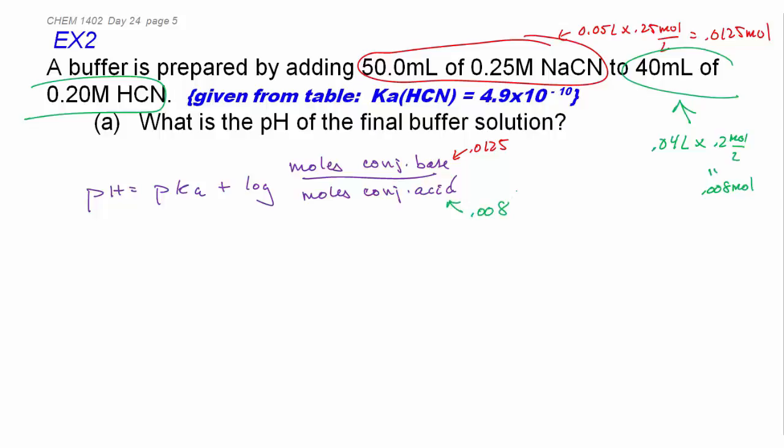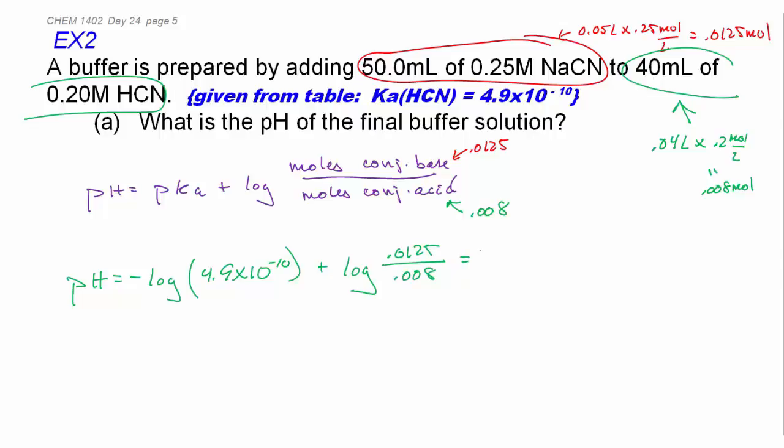Okay, so my answer here is going to look like this. pH equals pKa, which is the negative log of 4.9 times 10 to the negative 10, plus the log of 0.0125 all over 0.008.